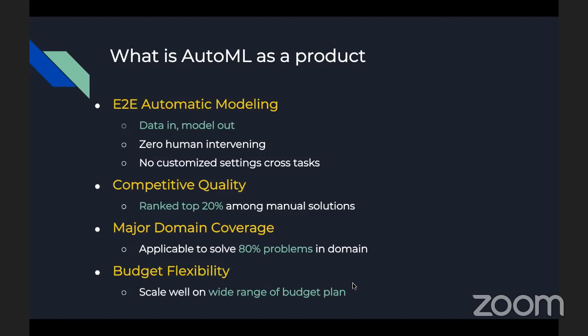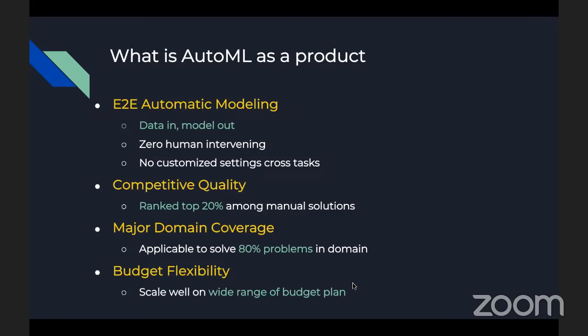And for this product, we don't expect it to have the top one quality or state-of-the-art quality. We just want it to have competitive quality compared to machine learning experts. For example, we imagine that it could rank among the top 20% of machine learning experts.